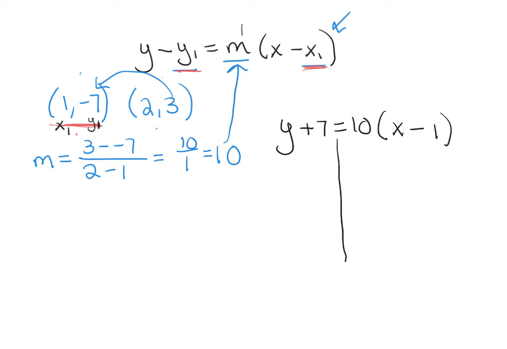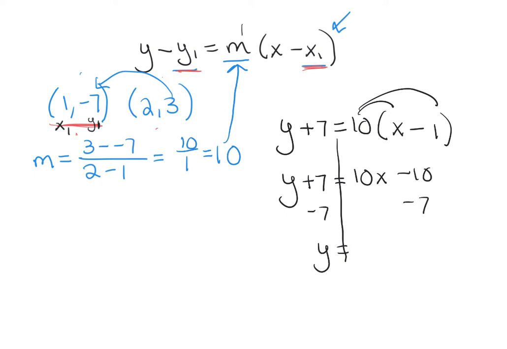All right, now to get this into slope-intercept form, distribute. So y plus 7 equals 10x minus 10, and then -7 minus 7, so y equals 10x minus 17.